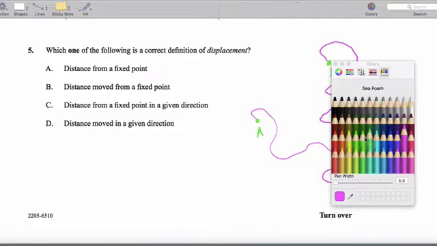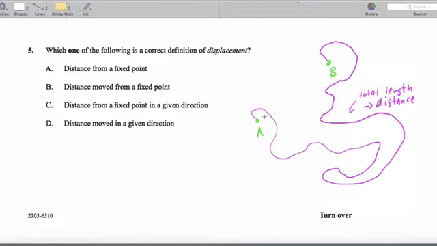However, going from here to here directly, this is the displacement. And it actually has a direction. We're saying that we're going from A to B. So I will actually complete the arrowhead. Like that.